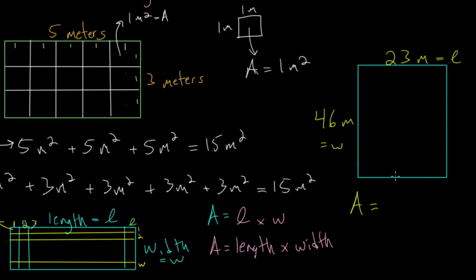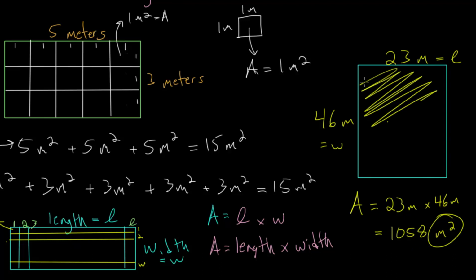So the total area of this rectangle is just our length, 23 meters, multiplied by our width, which is 46 meters. And if you actually calculate this, you get 1,058 square meters. So remember, your units for all of these are going to be square units when you're talking about how much flat space that a surface takes up.